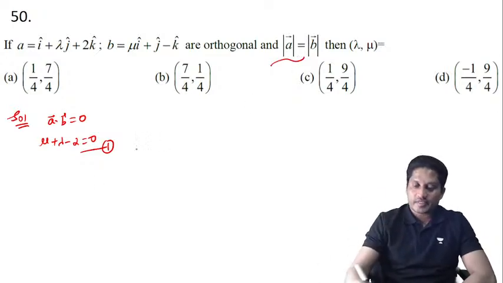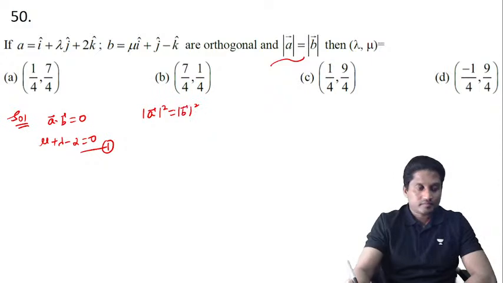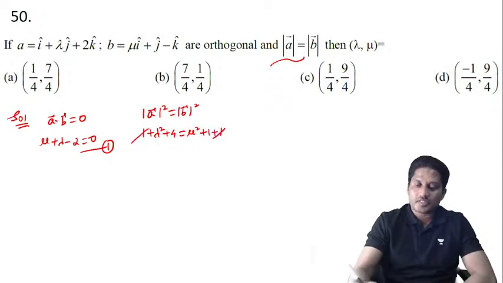It's also given in the question: mod A is equal to mod B, that is mod A the whole square is equal to mod B the whole square. Mod A the whole square is 1 plus lambda square plus 4. Mod B the whole square is mu square plus 1 plus 1. Varun, are you using the options? Your option is right. But if you are using the options, then B is also correct.